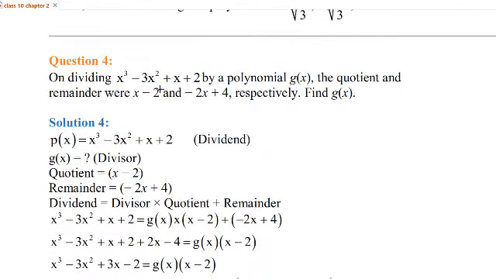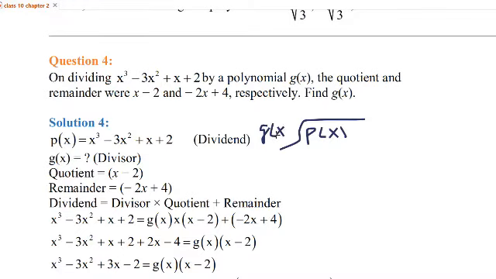Question number 4 says, on dividing this polynomial, let me write it here. Let us say this is px. So on dividing this polynomial x cube minus 3x square plus x plus 2, we are dividing it with gx, and gx is not given. Okay, no problem.